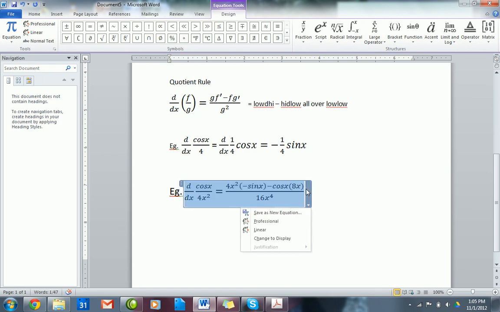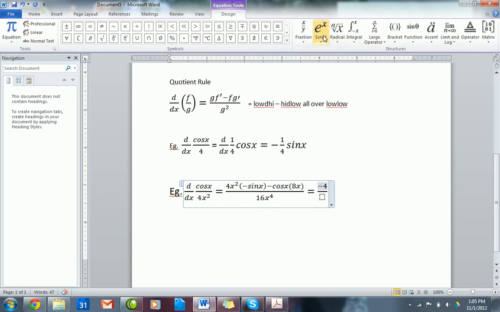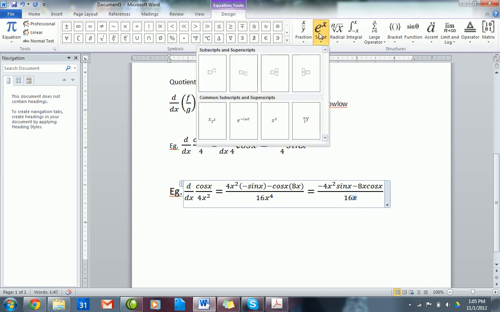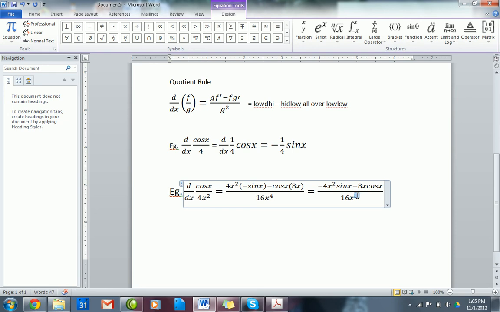I can clean this up a little bit and make it look a little prettier. I'm just going to rewrite my numerator as negative 4x squared times sine x, minus, we like to put the 8x in front, 8x times cosine x, all over 16x to the fourth. Then we can manipulate that even further by factoring out. What can we pull out of each term?